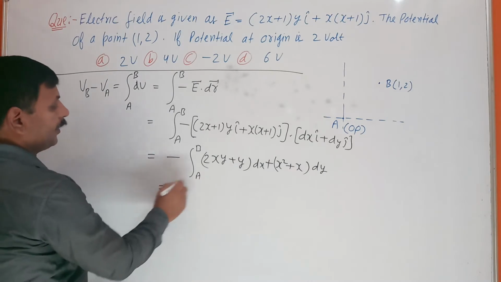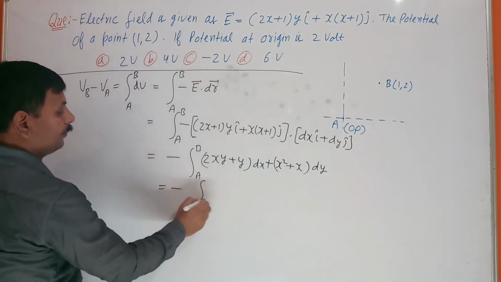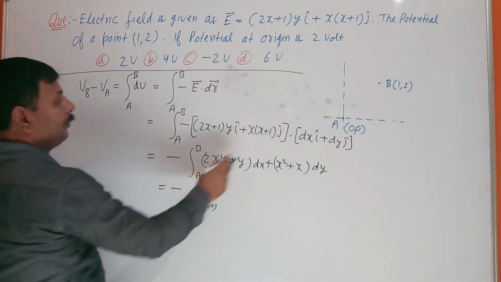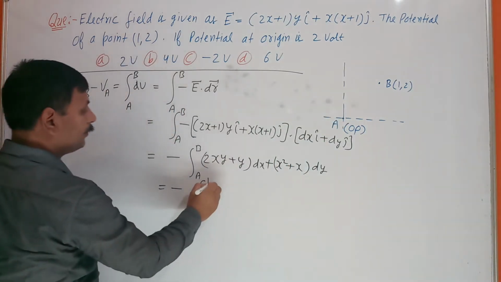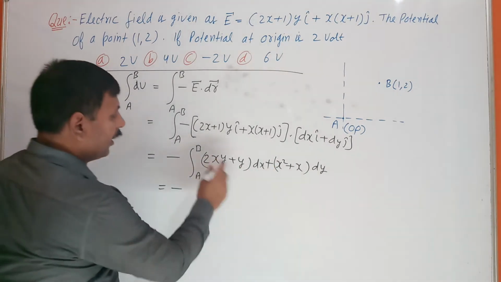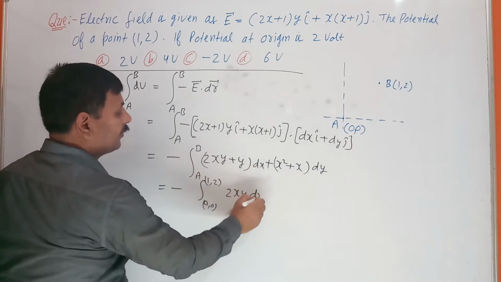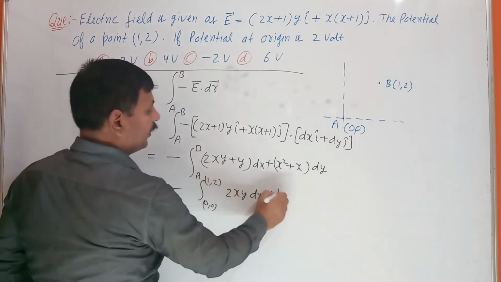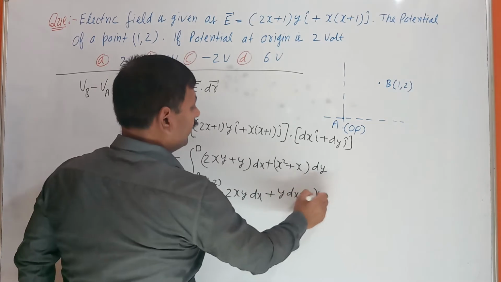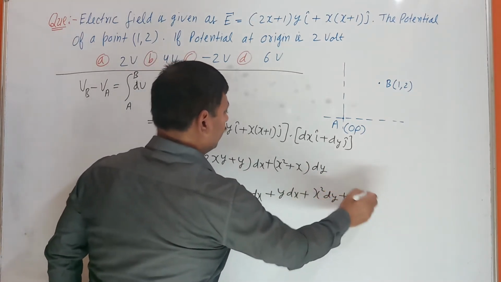See here, point A is (0, 0) and point B they have given as (1, 2). If I simplify it, 2xy dx, y dx, x square dy plus x dy.